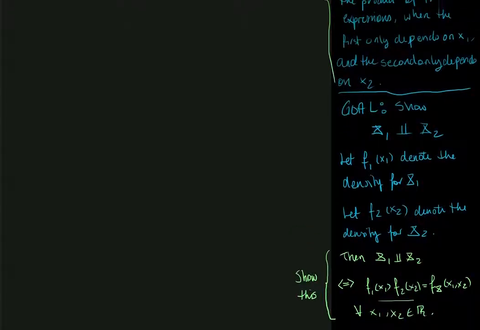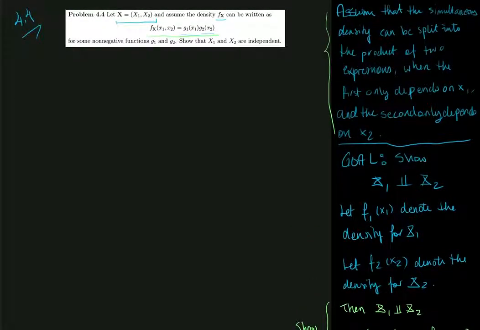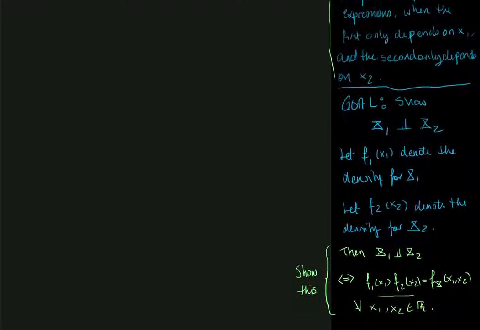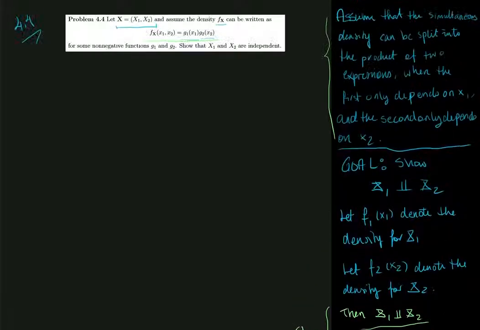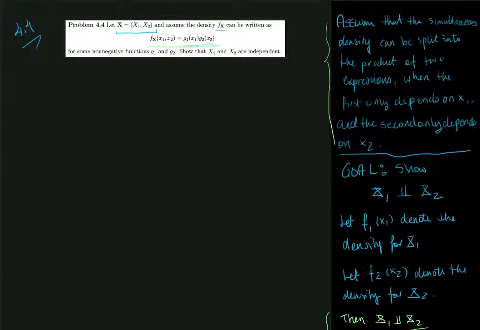And what we already have assumed is that the simultaneous density can be written as the product of two functions where one depends on x1 and the other depends on x2. So our question is, well, aren't we almost already there? Because we want to show that this is true, and we know that this is true.